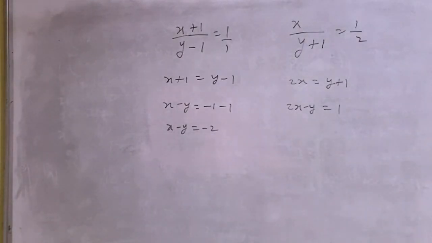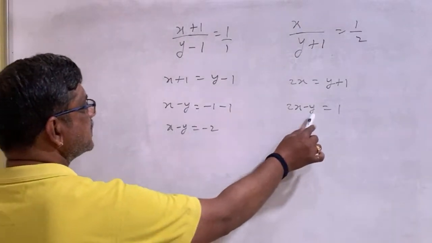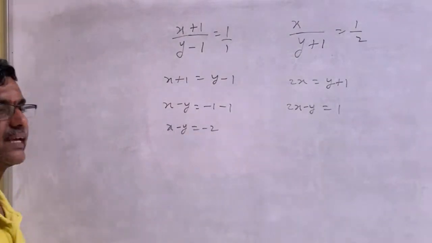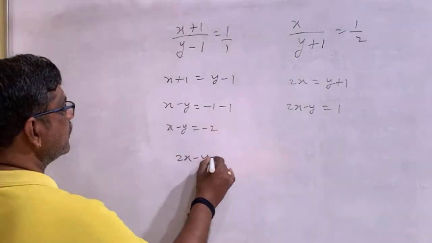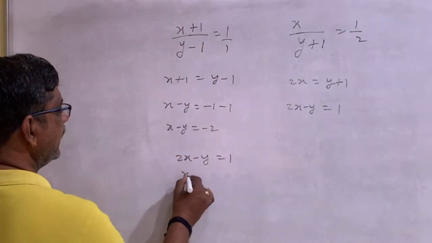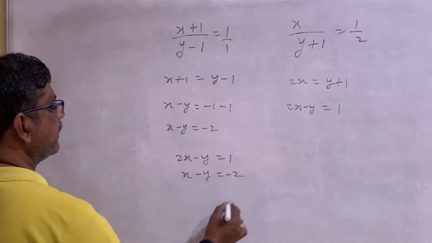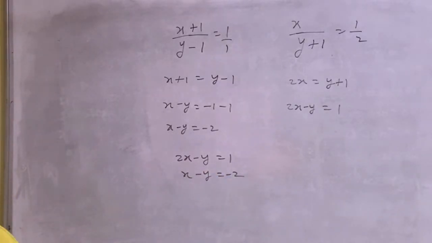Now we can easily select y because the y coefficients are same. 2x - y = 1, x - y = -2.